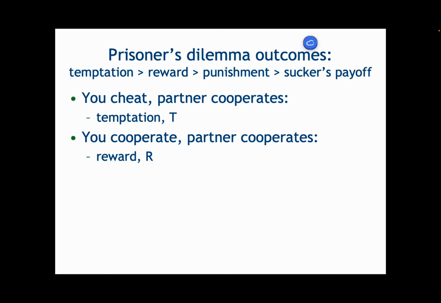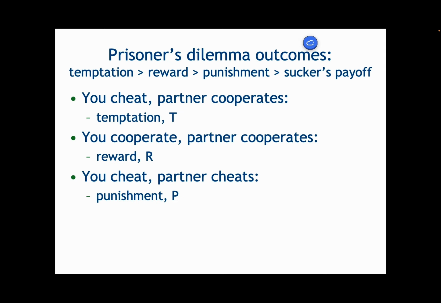So in this case, if both sides had cooperated with each other, then both sides of the class would have ended up with a year in jail. It doesn't sound like much of a reward maybe, but it's still better than what you ended up with, okay? So the reward is not quite as good as the temptation, but the reward is still better than what we call the punishment.